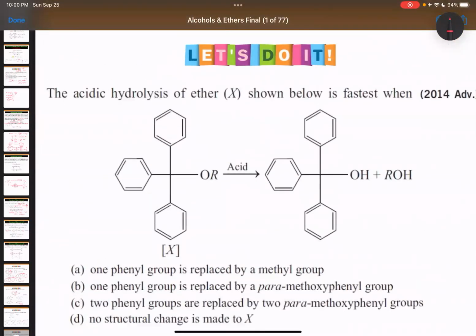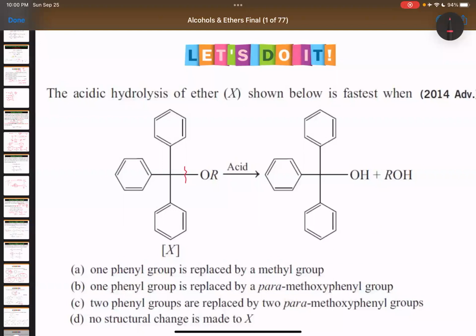So this is a difficult problem, but you can do it. This is from advanced, but the concept is the same for NEET also. This is an ether with 3 benzene rings, and they have asked something related not only to ether but to SN1. They have asked where the rate of this breaking is going to increase.